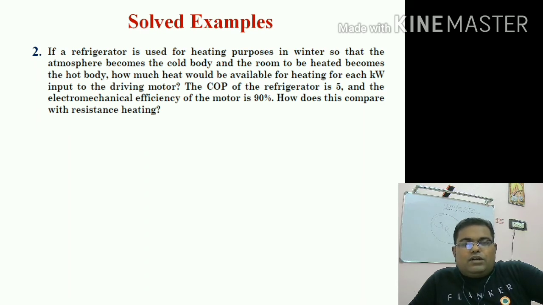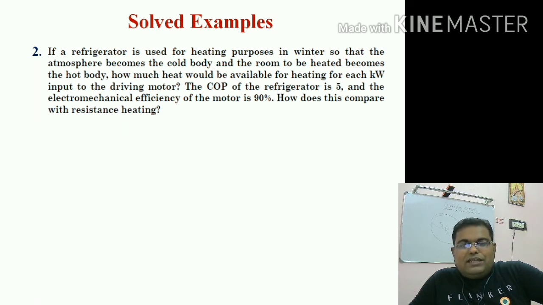And for 1 kilowatt of input, how much heat can it supply, while the coefficient of performance of the refrigerator is given as 5. So the coefficient of performance of the heat pump will be one extra of this: 5 plus 1, that is 6. With a coefficient of performance of 6, we will find out how much heat it can supply.